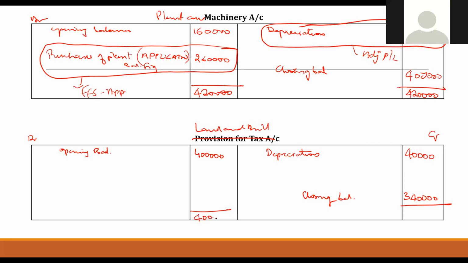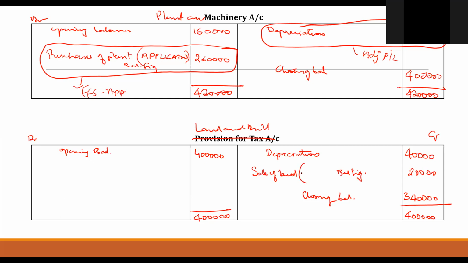So you'll be writing 4 lakh here also. And what is this? Balancing figure, 20,000. So something came in the credit side. What will it be? Sale of land and building. This also comes in source.